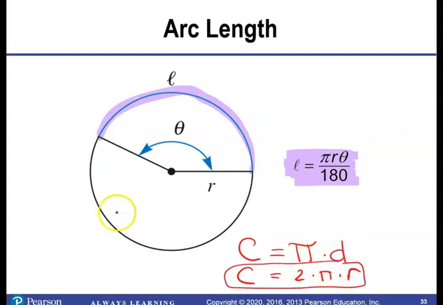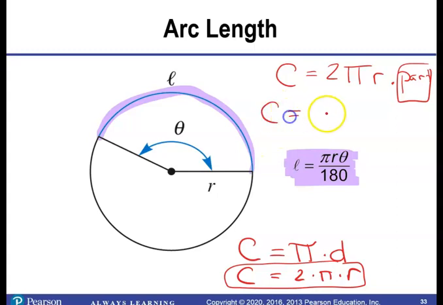That's all the way around the circle, not just the purple part, okay? But think about it in terms of a ratio. What if you just want part of the circle? So what we're going to do is take 2 pi r and multiply it times the part of the circle that we're looking for, like a fraction of the entire circumference.